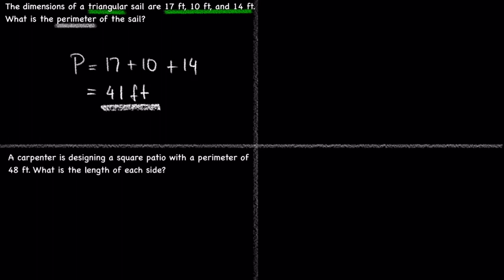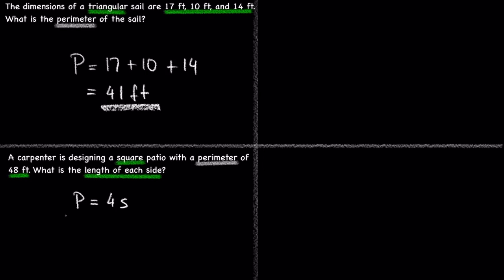Let's look at the next example. A carpenter is designing a square patio with a perimeter of 48 feet. What is the length of each side? The perimeter of a square is 4s.